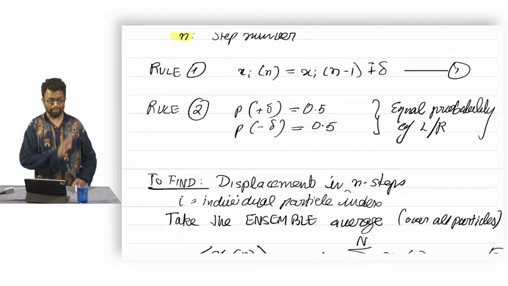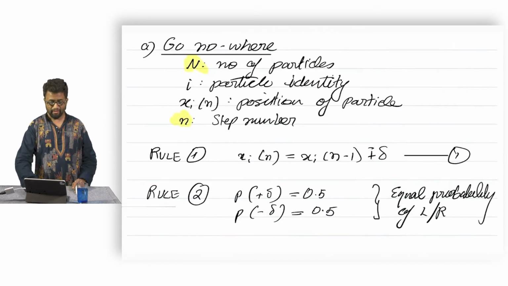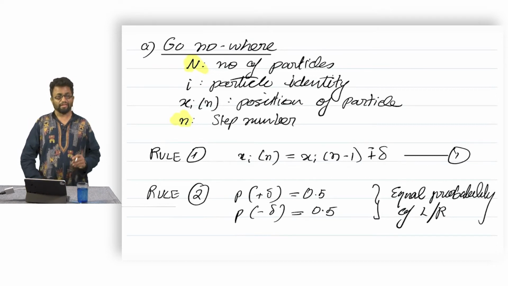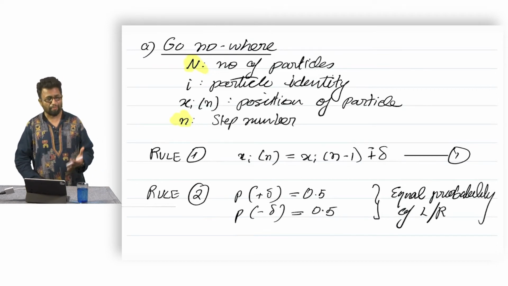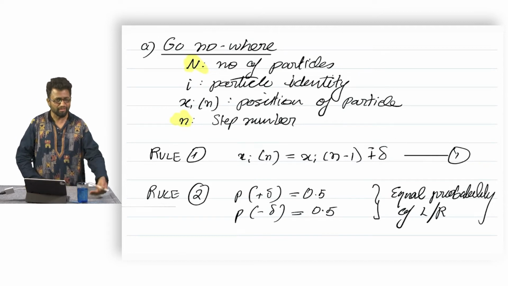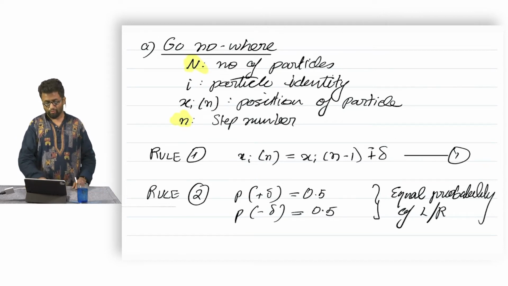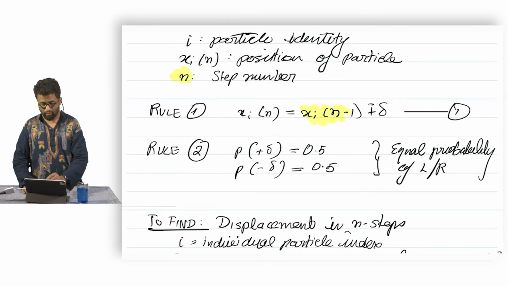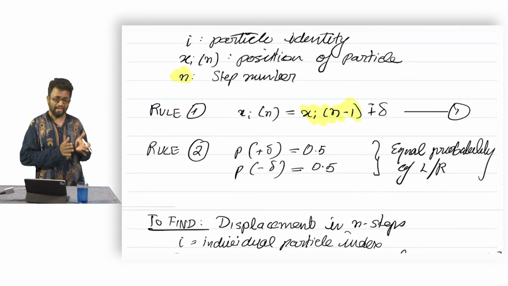Rule 1. Okay, so now we come to rules. Rule 1 of the random walk says that x_i(n), that is to say the ith particle, let us say there are 5 particles, then the first particle in the nth step, meaning its first step, second step, third step, fourth step, etc., will move in a way that is the sum of x_i(n-1), meaning its previous position in x, plus or minus delta.